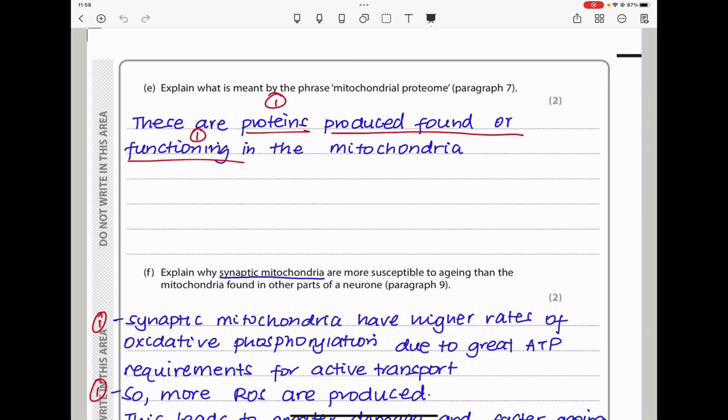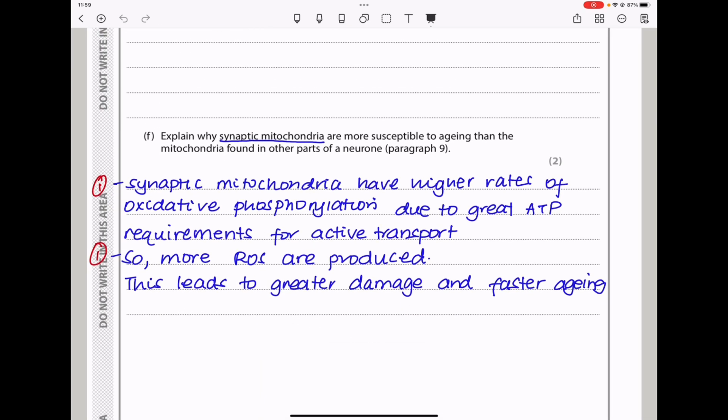In part E, explain what is meant by the phrase mitochondrial proteome. Proteome is about proteins, so these are proteins either found in the mitochondria or produced in the mitochondria or functioning in the mitochondria. And in part F, explain why synaptic mitochondria are more susceptible to aging than mitochondria found in other parts of a neuron.